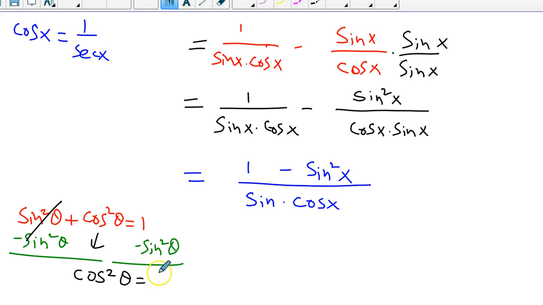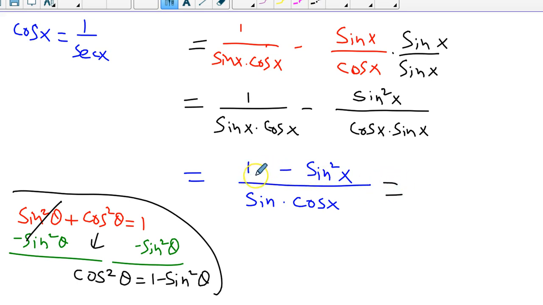Cosine square theta is equal to 1 minus sine square theta. That is, I can replace 1 minus sine square theta by cosine square theta. That is what you got from this Pythagorean identity. So going back to this problem, I can replace this 1 minus sine square x with cosine square x.